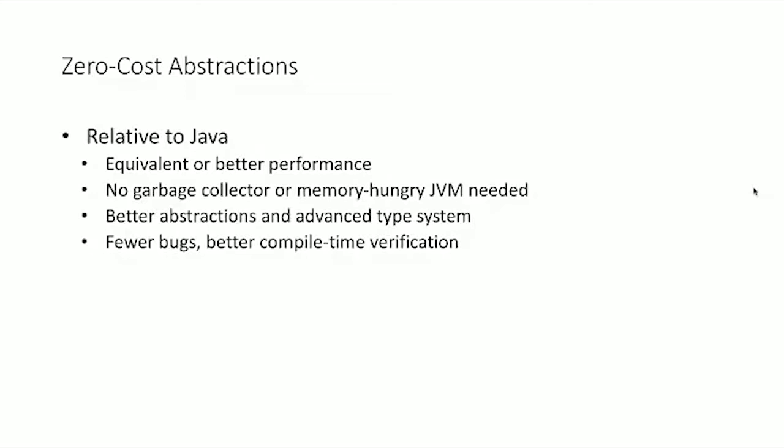You're running on a tiny device, you probably need a tiny JVM, which probably doesn't support the latest and greatest features. And you get better compile time verification. Java has checked exceptions, sure. Java can't statically verify that you'll never get a null pointer exception over the entire lifetime of your program.